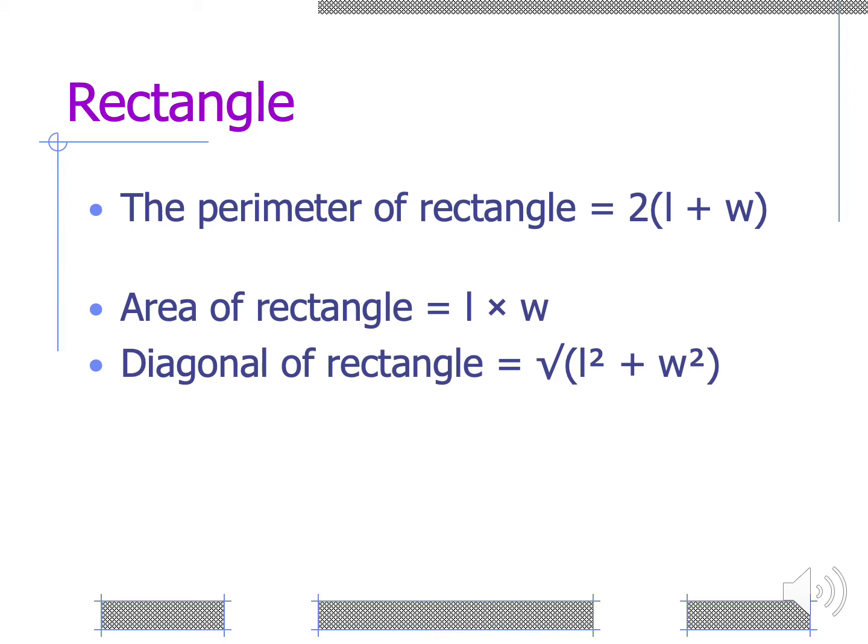The simplest formula is 2 times the sum of the measures of each side, so twice L plus W. If you want to find the area, that is length times width. If the problem is asking for the diagonal of the rectangle, that is the square root of the sum of the squares of the two sides.